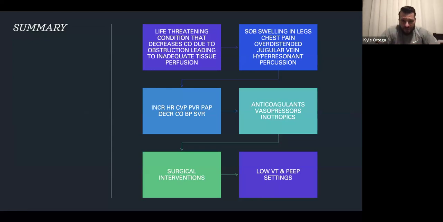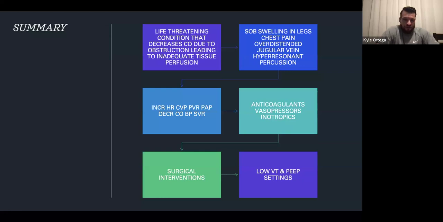Hemodynamic wise: increased heart rate, increased central venous pressure, increased pulmonary vascular resistance, increased pulmonary artery pressure, then decreased cardiac output, decreased blood pressure, and decreased systemic vascular resistance.